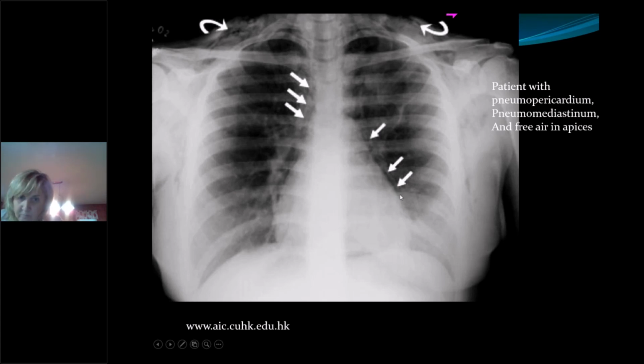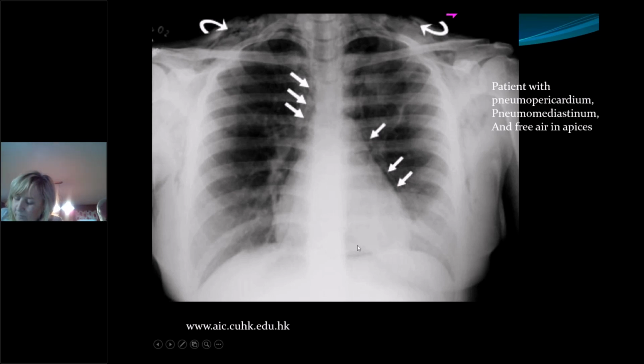And you actually look at the picture and you can see the heart, and then you see a little space between it and the white arrows. The white arrows are pointing to the pericardium. So there's a pneumopericardium, there's a pneumomediastinum, it's a little harder to see, and then a lot of air under the apices, or above the apices. That's diagrammed out there.